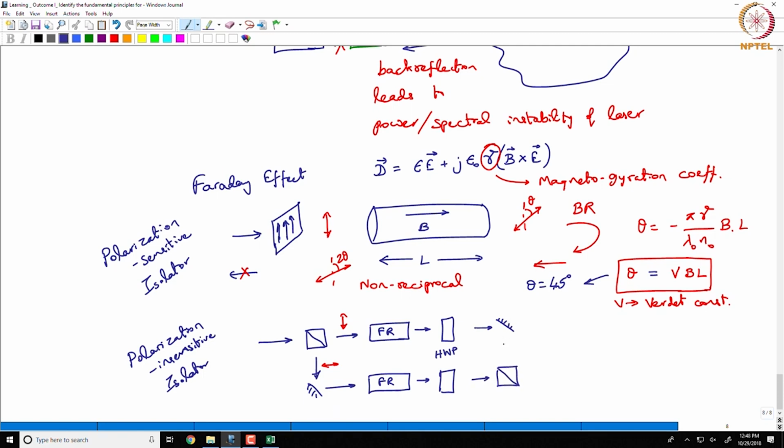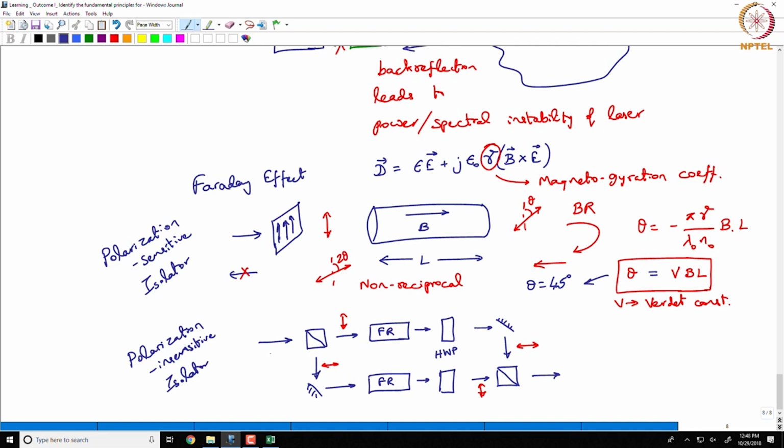So, you put another polarization splitter here. What it does is, any horizontal polarization it reflects, any vertical polarization it transmits. So, both these polarizations will go together this side.